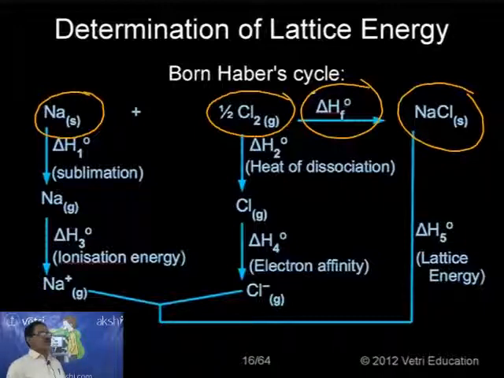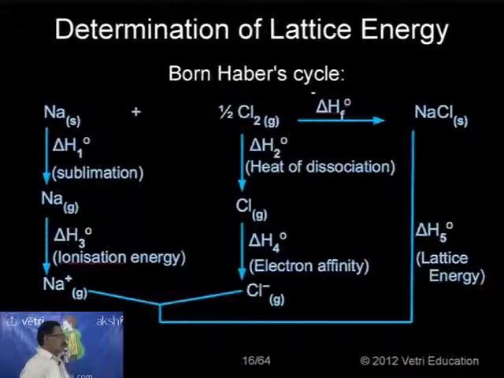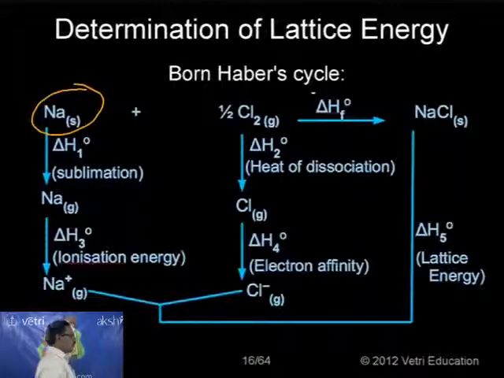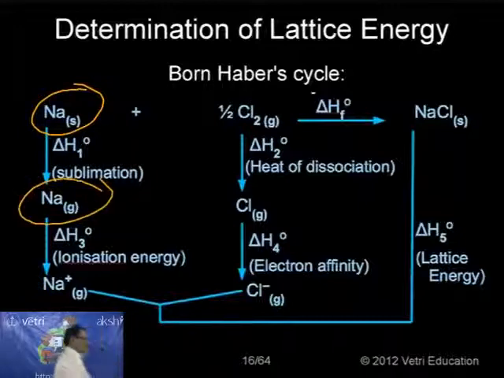Here, I am going to keep the 2 different ions, sodium plus and Cl minus, at infinite distance. I bring them together and form 1 mole of solid, and whatever energy is released, I am going to call it lattice energy. So let me take the first one, 1 mole of sodium solid. Now I will convert it into sodium gas.